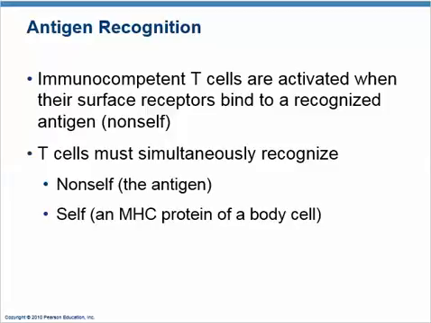But then it also has to recognize that the cell that is presenting that antigen is our own cell. So you need this major histocompatibility complex protein. You need to recognize simultaneously that, okay, this is our own tissue and there's something wrong with it.